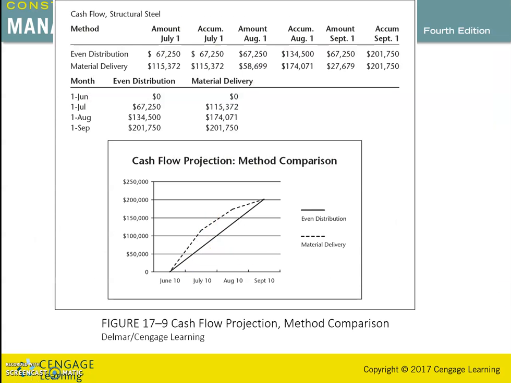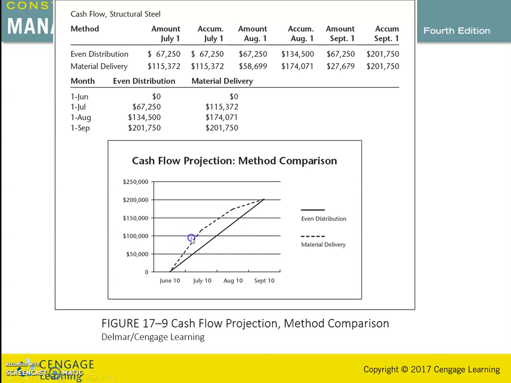So in this case, as you can see, for the even distribution, the costs are increasing like this. But if we consider the material delivery, the costs of the material have to be incurred early, so the distribution will be like that.